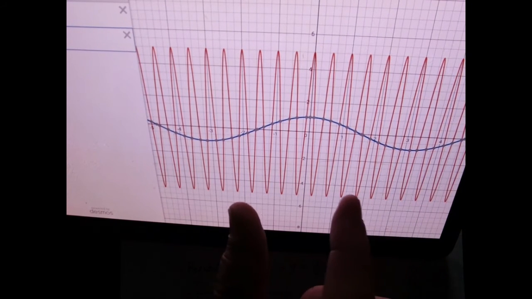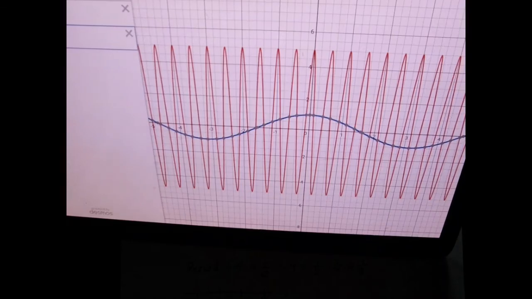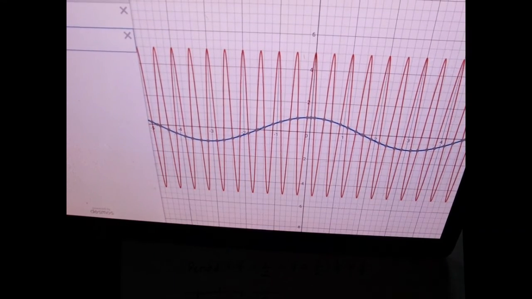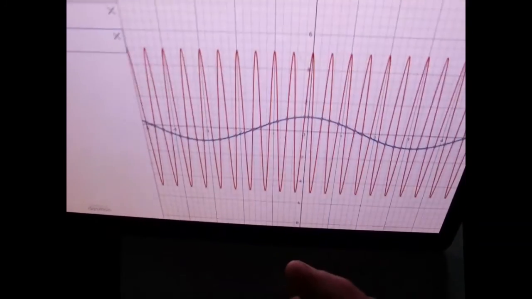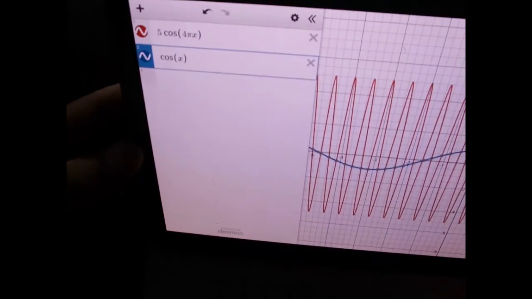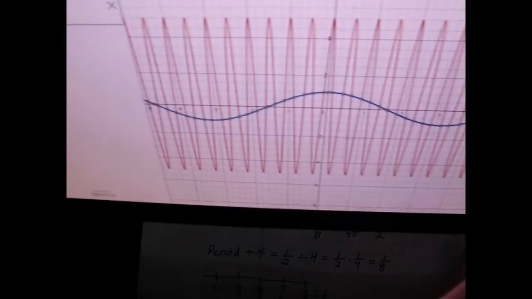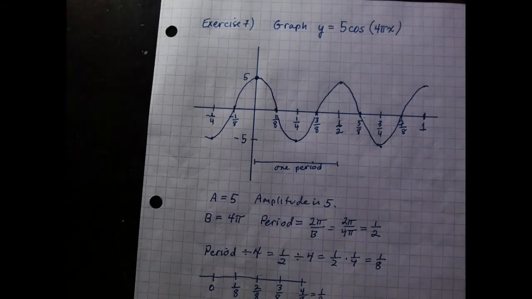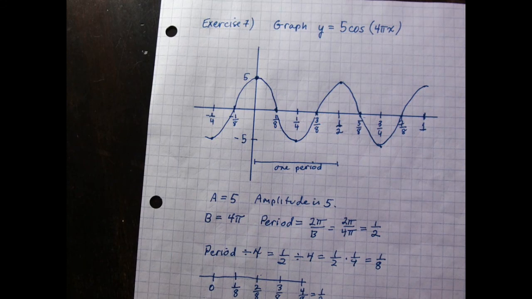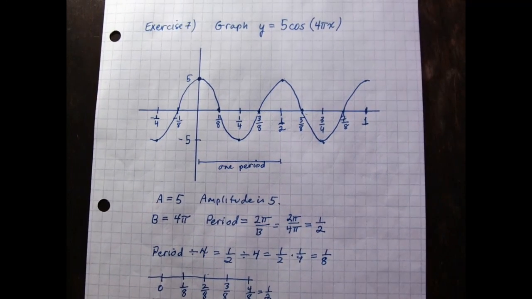It has a much smaller period than the regular cosine graph. I just want you to see this picture of how those two could be drawn together. And that's what the formulas would look like in Desmos. And there's my graphs. So it's sort of cool just to see how easily Desmos generates that picture. And that's that.